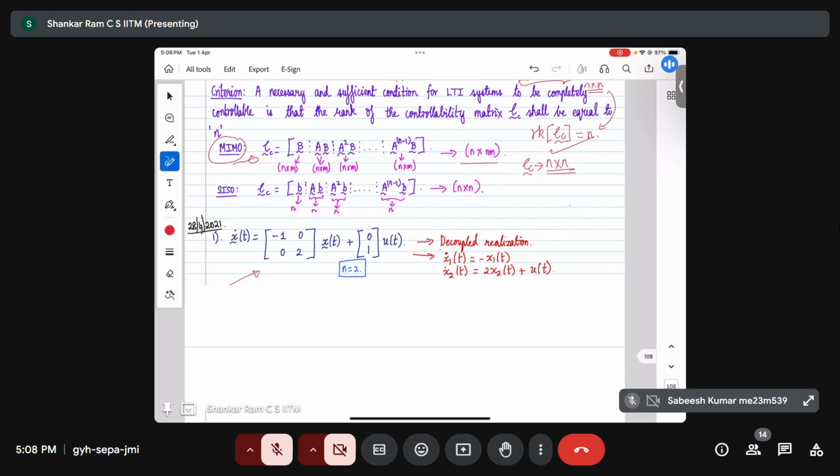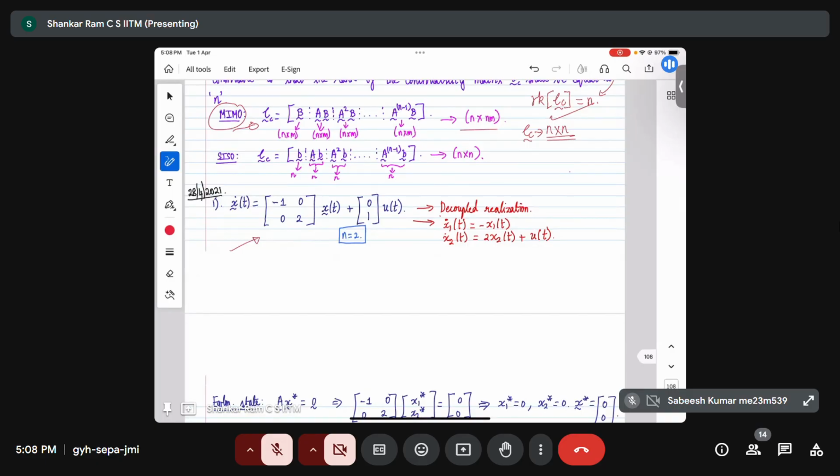Essentially, we have the second order system where the state matrix is a diagonal matrix -1, 0, 0, and 2. And the input vector is 0, 1. If we recall, this is a decoupled realization. We immediately see that the state matrix A is a diagonal matrix.